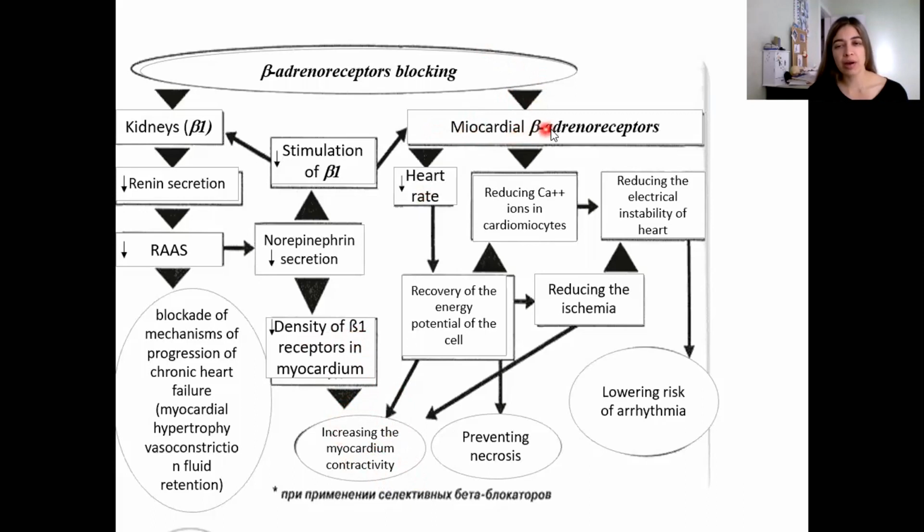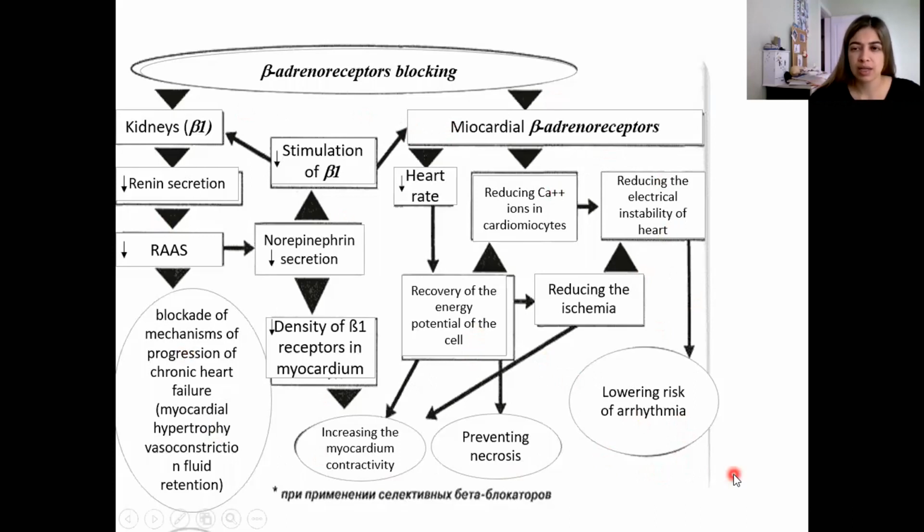The direct effect of beta adrenoreceptor blockers on the myocardium will reduce the heart rate and reduce the risk of arrhythmia. And it will also recover the energy potential of the cell and reduce ischemia. Finally, we have the prevention of necrosis of the myocardium by the help of all these different methods.